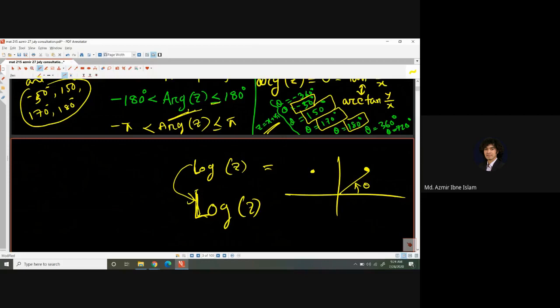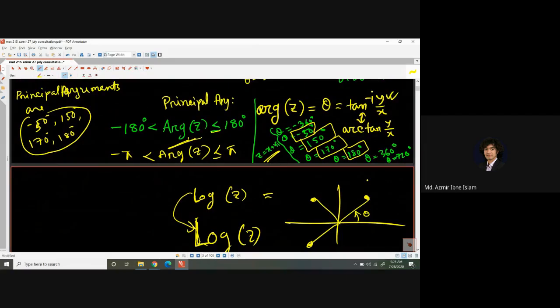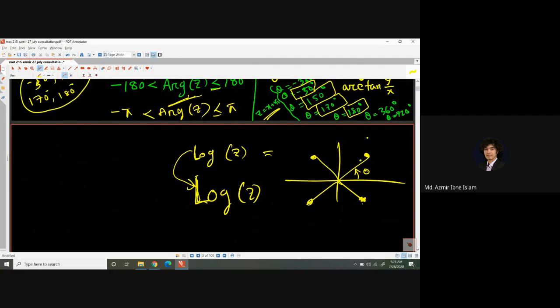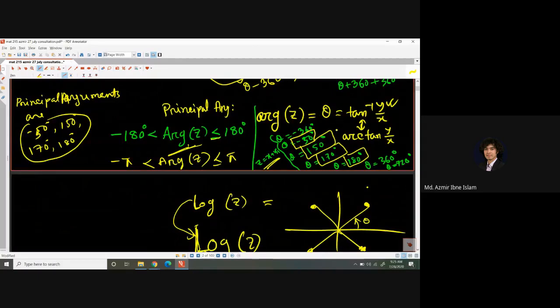If a complex number is in the second quadrant, there may be a correction. If a complex number is in the third quadrant, whatever angle we are getting from this formula tan inverse of y over x, we need to correct something. We need to add plus 180 degree, or we need to add plus 360 degree if we have a complex number in the fourth quadrant. So depending on the four quadrants, we can find the multiple values of argument.